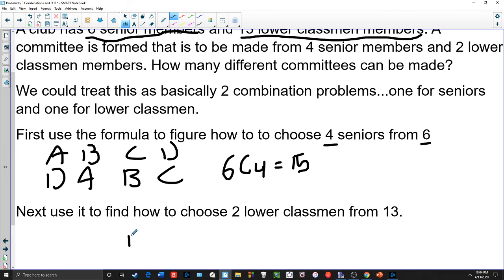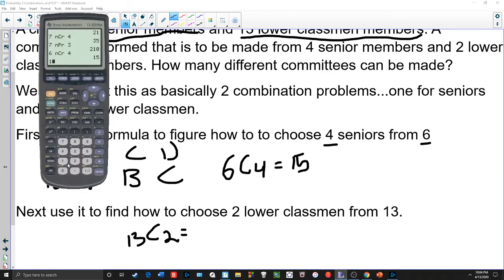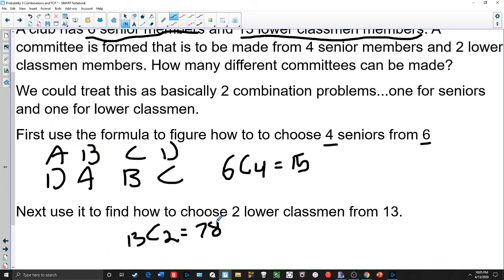Same situation: 13 lower classmen, and I'm going to choose 2 of them to be on the committee. So 13 choose 2, and I get 78. So there's 78 different ways I can choose my lower classmen, because there's quite a bit more of them.